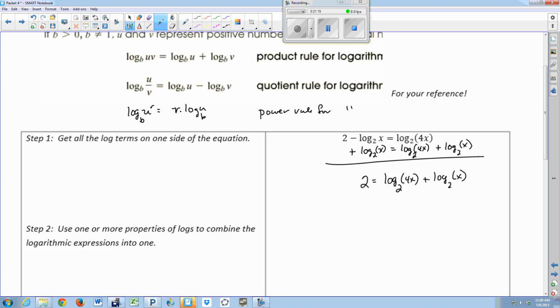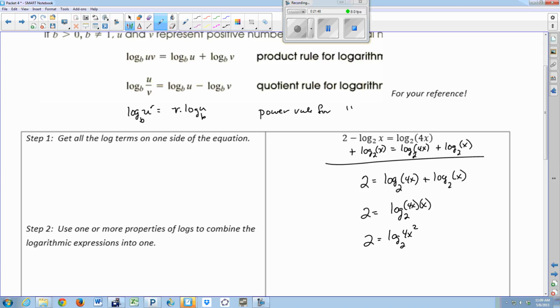So I can call this 2 equals log base 2 of (4x times x). I can just multiply those two, 4x and x. Now I can call that 4x squared. So all I did here was use my log property, so I have one logarithmic expression on my right side.